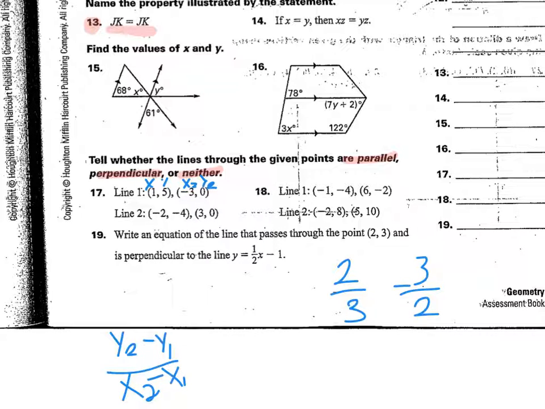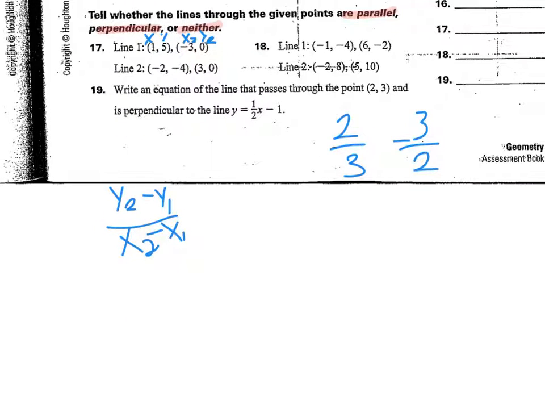Okay, number 19, we're going to write the equation of a line that is perpendicular to the one that's given here. So here's your x, here's your y. We're going to plug it into y equals mx plus b.